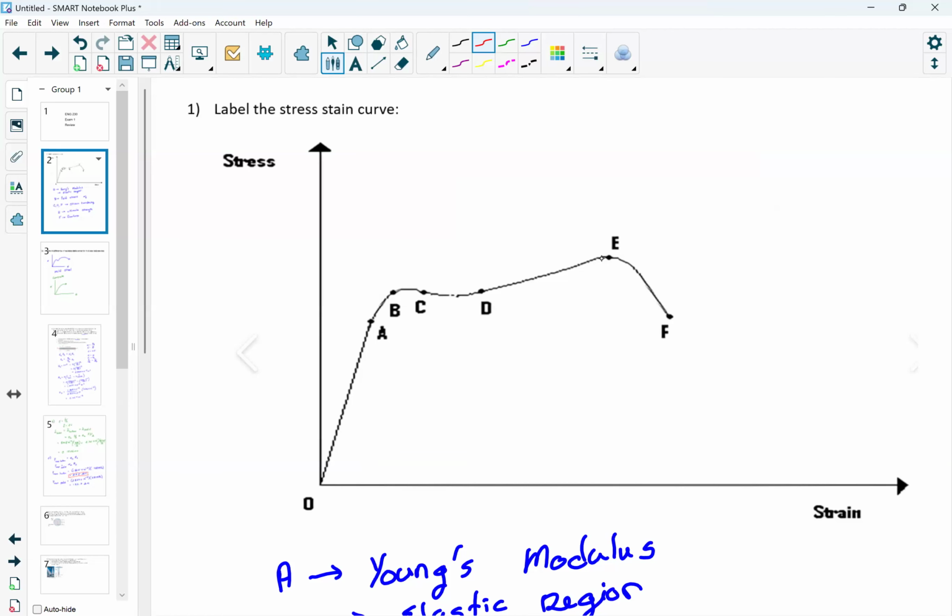Okay, so is it not the case, I guess it's probably dependent on material, but the way I see it, wouldn't the ultimate always be higher than the yield? The yield is always going to be lower than the ultimate.